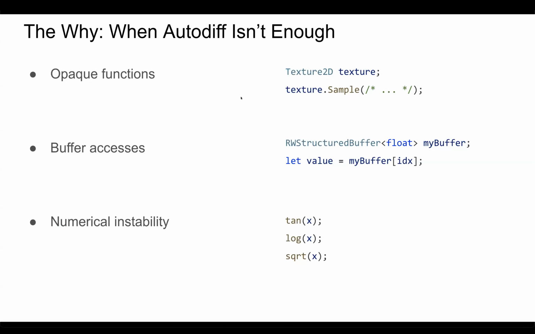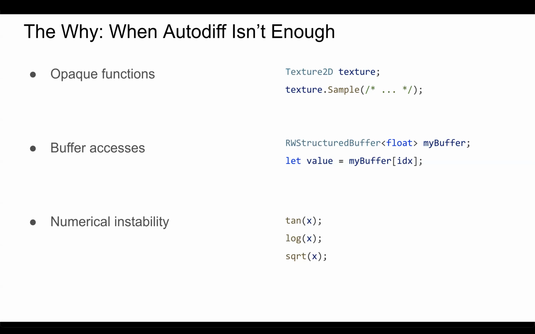So let me talk a little bit first about how you might know that you need a custom derivative. In order to get a feel for that, it's useful to know what Slang does when you mark a function as differentiable. The Slang compiler generates differential code as an IR pass after linking. It essentially rewrites your program to add those necessary backward or forward mode differential code chunks prior to target code generation.